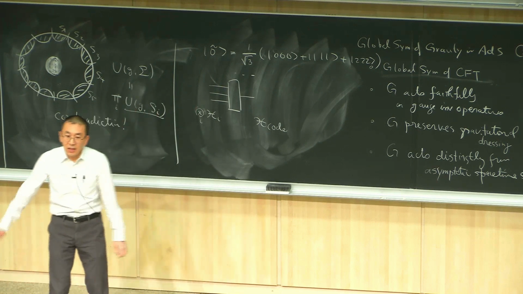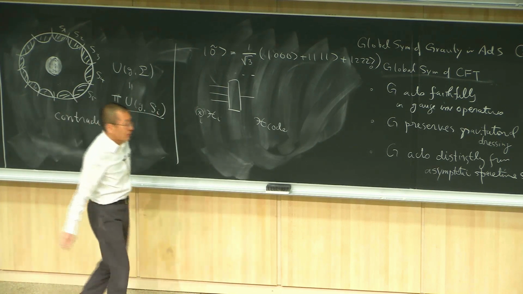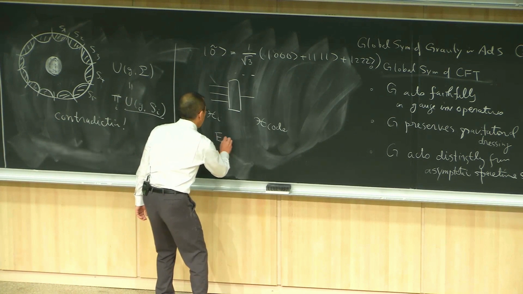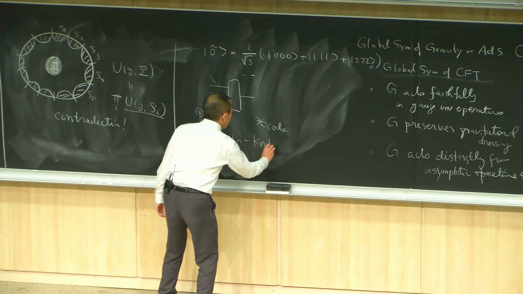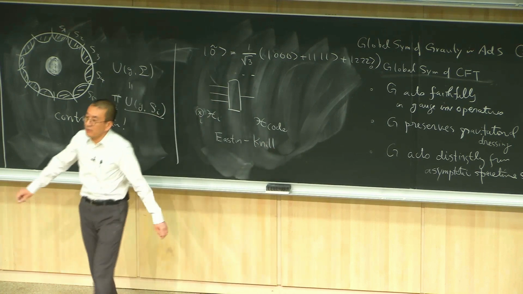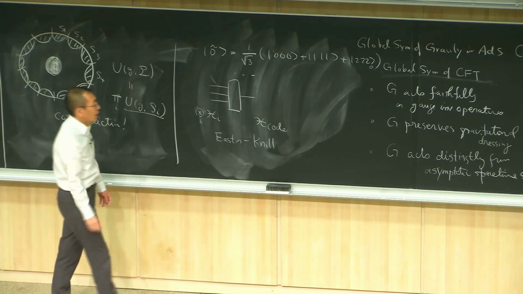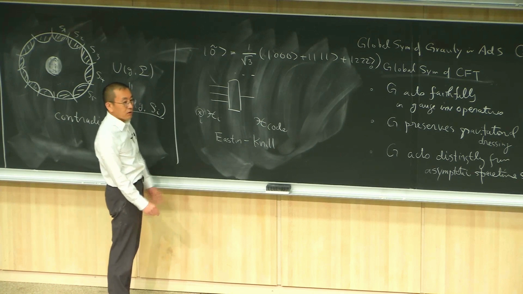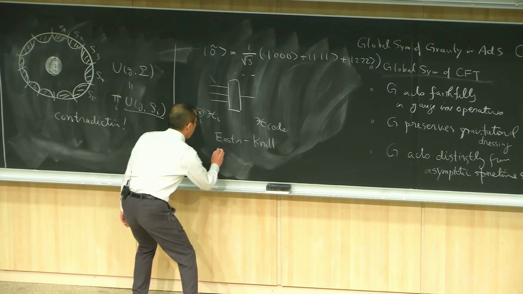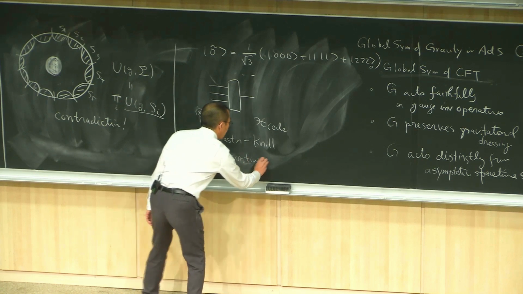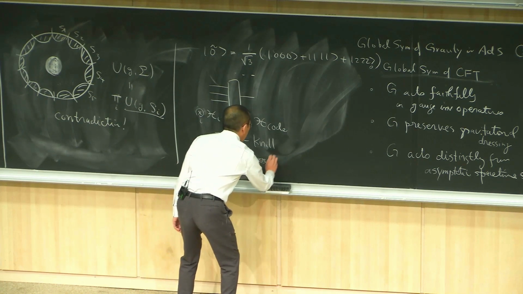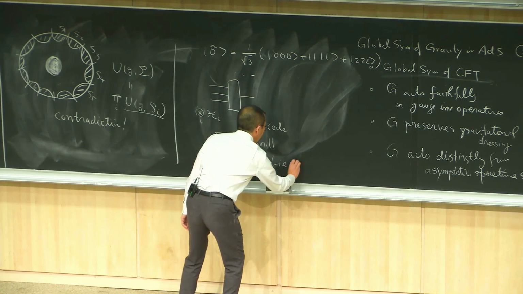There is actually a theorem called the Eastin-Knill theorem in the quantum information literature that applies only to continuous, Lie group symmetry.